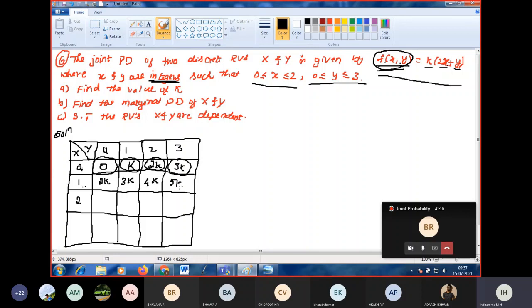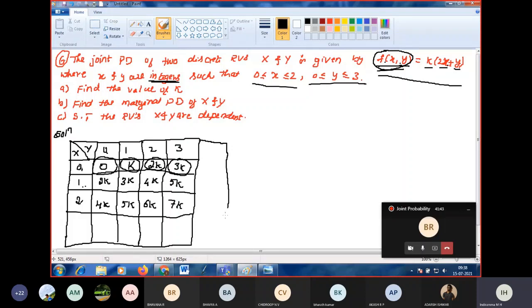X is 2, y is 0: 4k. X is 2, y is 1: 5k. X is 2, y is 2: 6k. X is 2, y is 3: 7k.